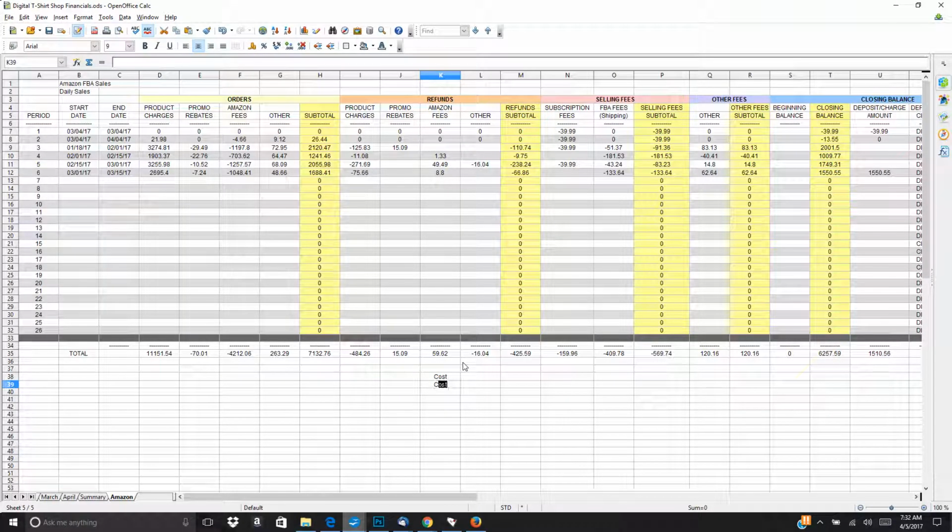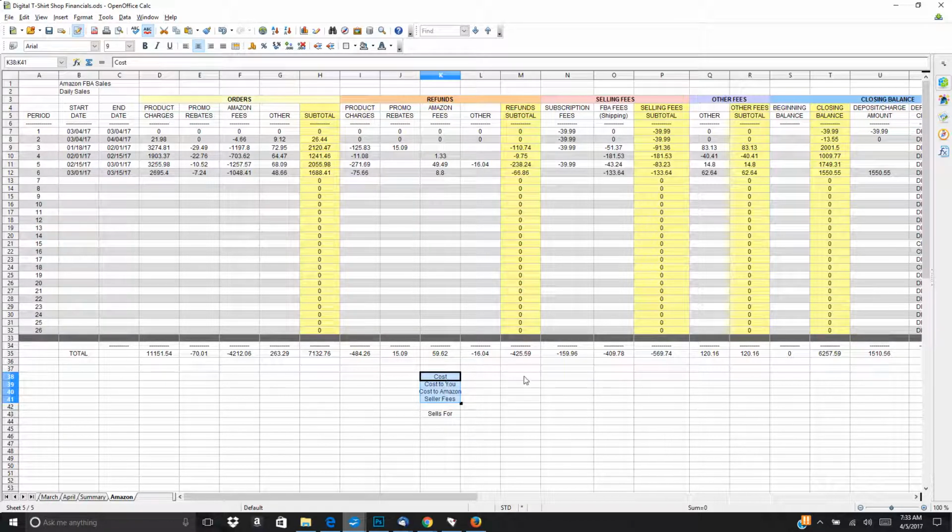You have the cost to get it to you, cost to get it to Amazon, and then you have the seller fees. And then you have what it sells for. And basically what you're seeing on here is what it sells for minus all their fees. Okay. But when you sell FBA, you got to take into account all of this.